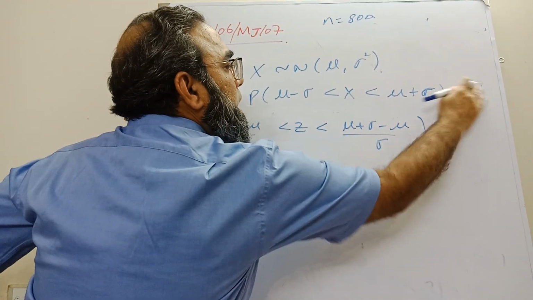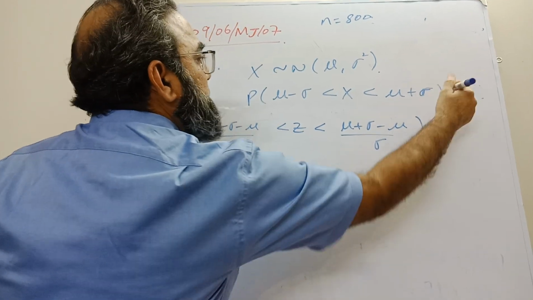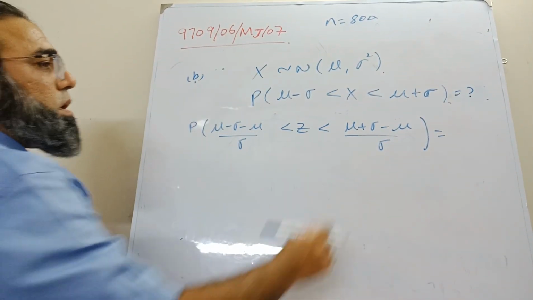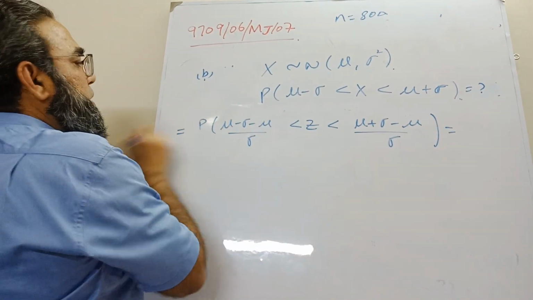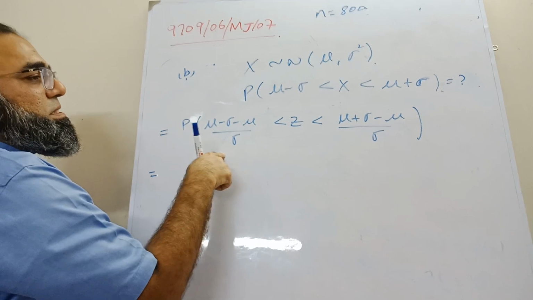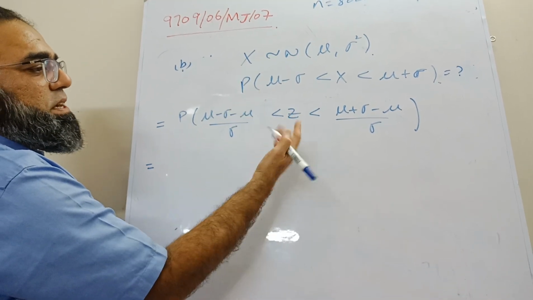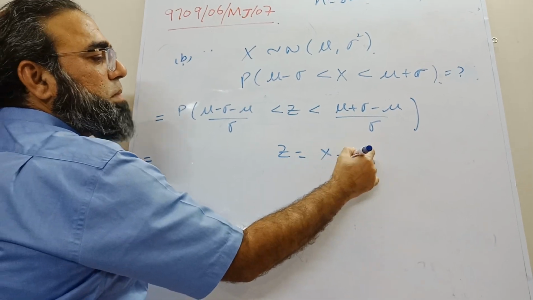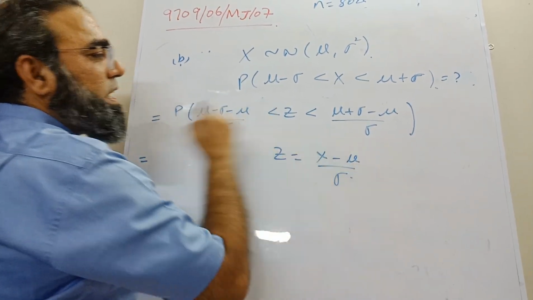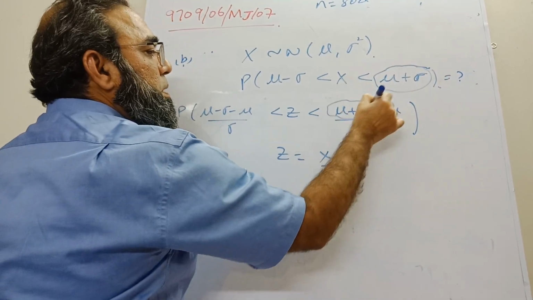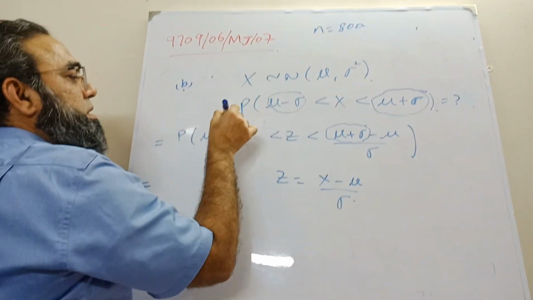This is what we have to find. Guys, this looks weird, but I have simply applied the formula z equals x minus mu over the standard deviation. This is our x over here, and this is the x in this case.